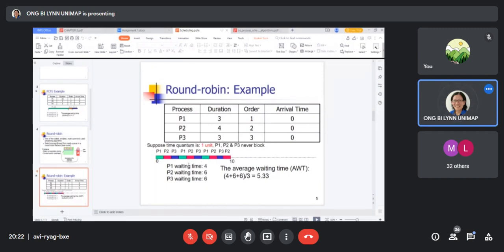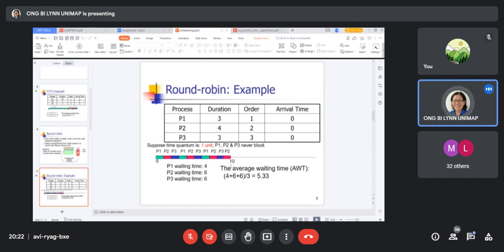All right. So we are calculating the waiting time. The way to calculate the waiting time is that you look at the finish time. The finish time of P1 is 7. 7 minus itself, 3, so you have 4.